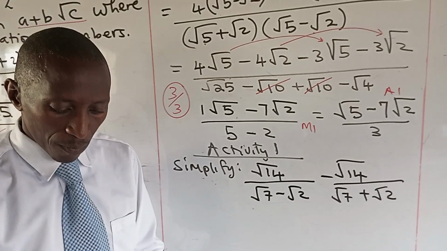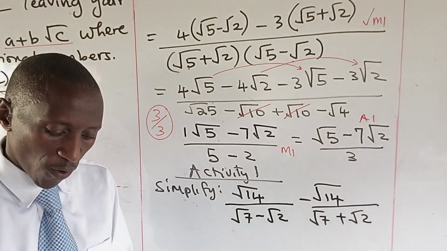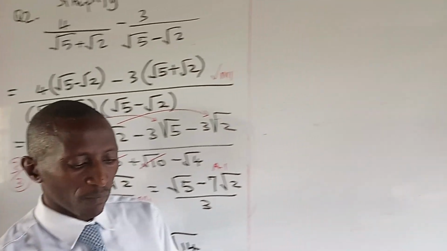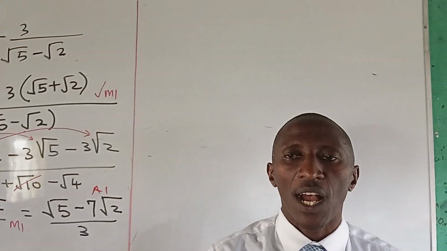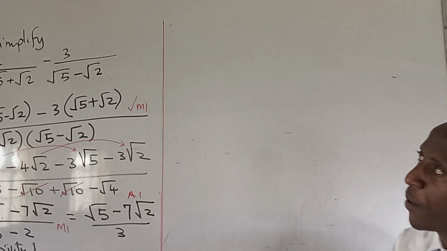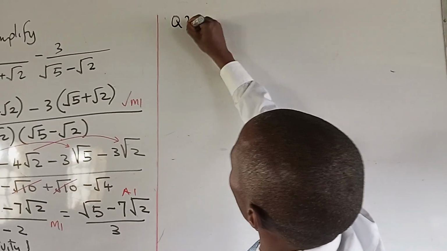Let's move on to a second part of this discussion, and this will be on trigonometry, which we covered in Form 2. The question will be our question number 3.